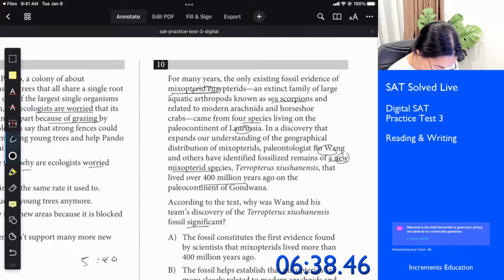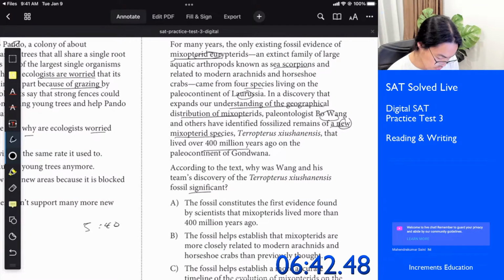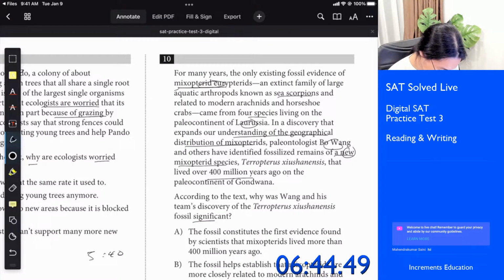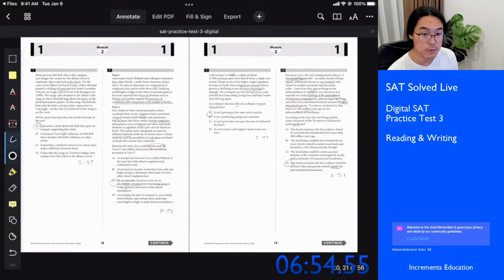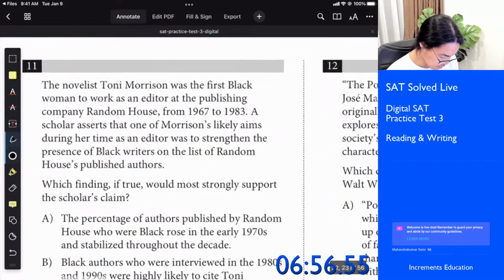It's new, and it extends the distribution. It's outside of Laurussia. Okay. Yeah. All right, 651. That took more than a minute, but I think it's fair.